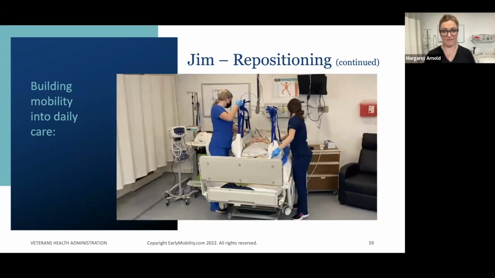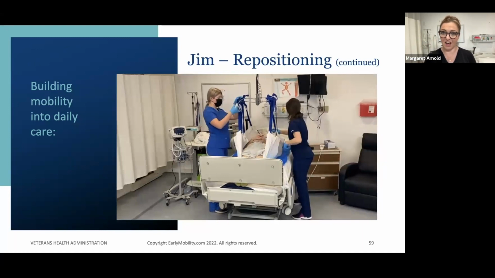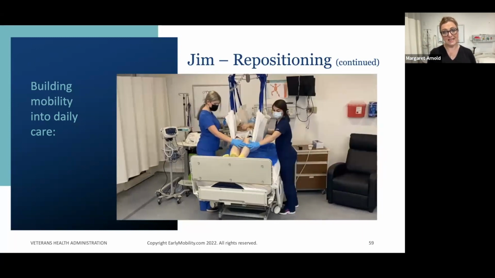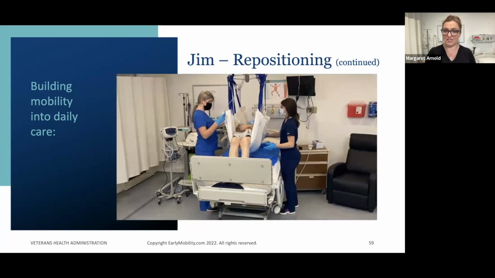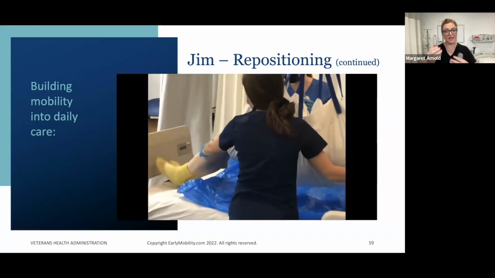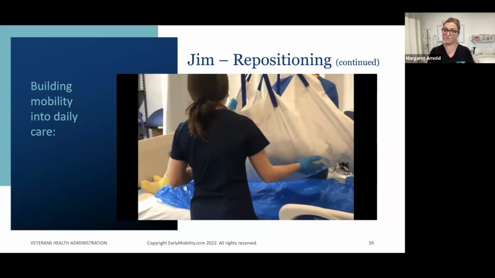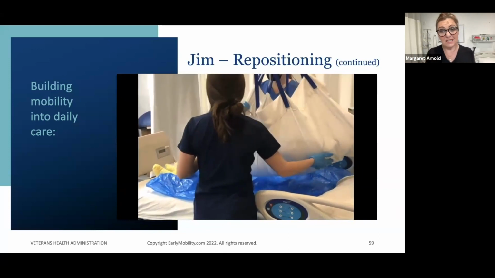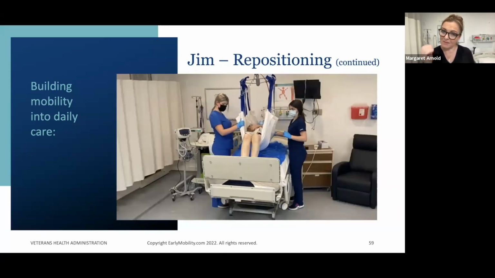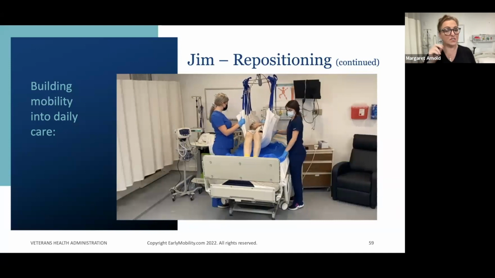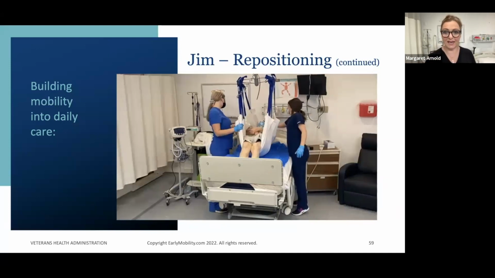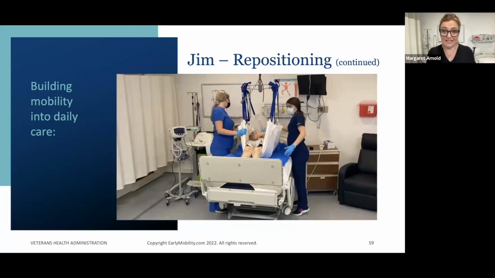Even when we have a full body repositioning sling under the patient, you'll see here, they can bend the patient's knees up and have him walk himself up and down the bed. You're already using the sling. All you're doing is giving him a little opportunity to use his own muscles, his own brain in something you're already doing.